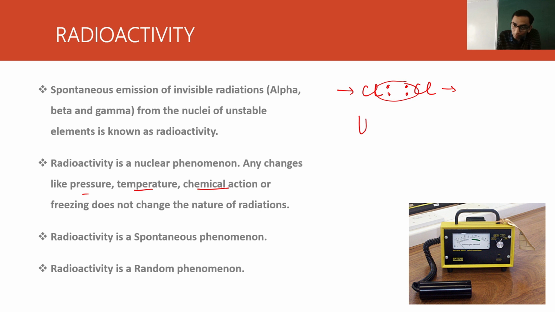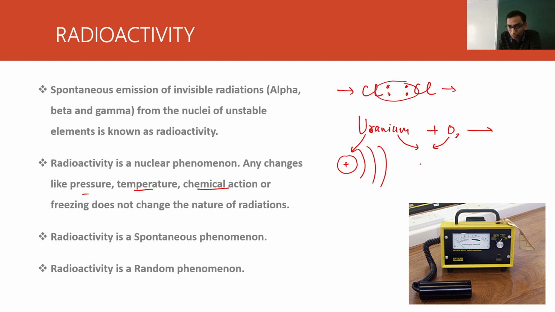So suppose you combine uranium with oxygen, you are expecting uranium oxide to be formed. That's perfectly fine. But in those uranium oxide reactions, the electrons in the outermost shell are going to take part, whereas the radiations come from the nucleus of the uranium.